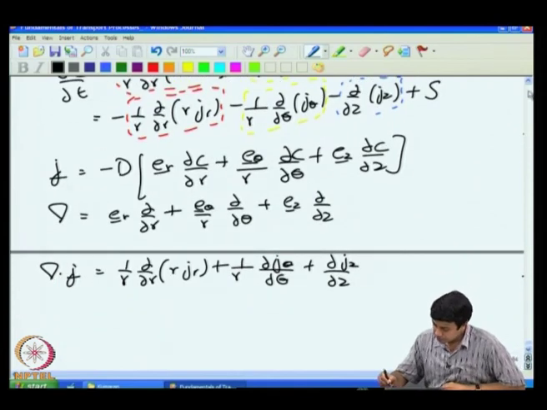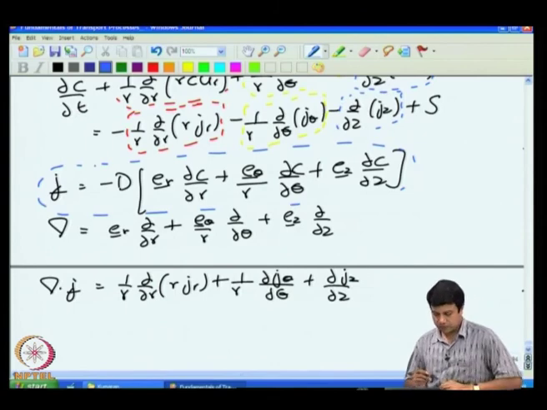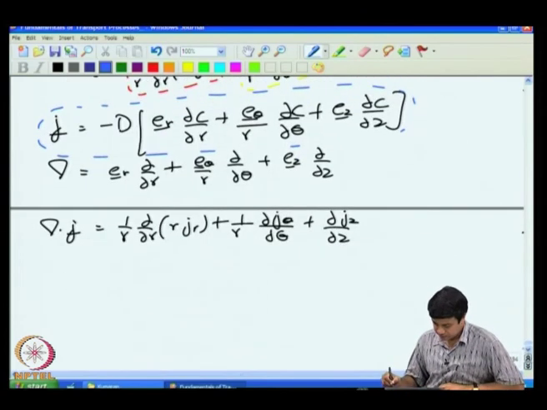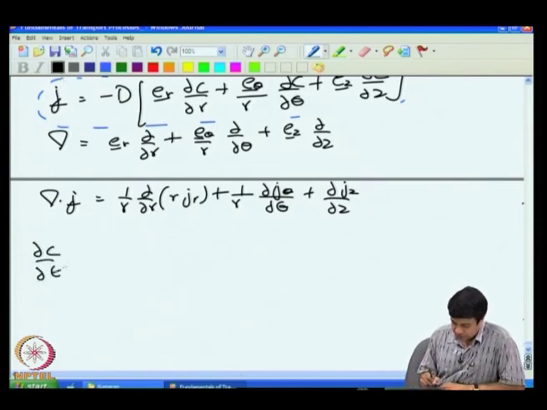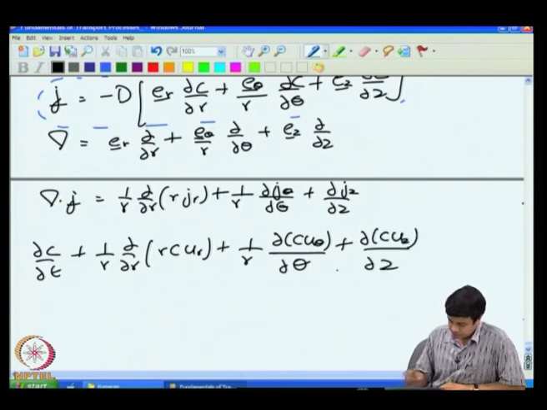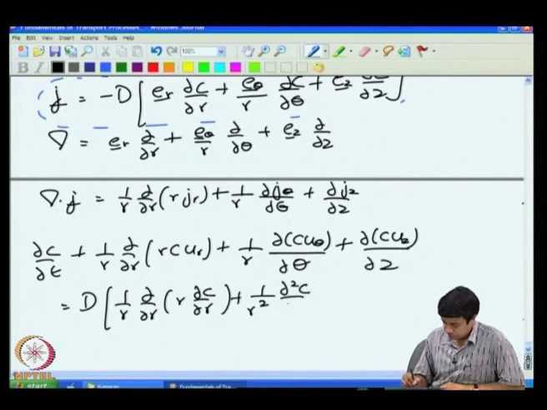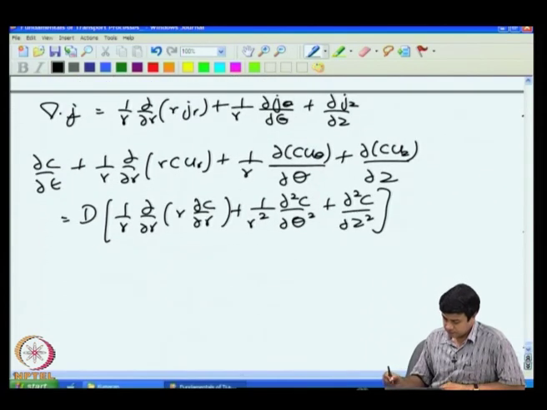Okay. If I substitute the expression for the flux into the conservation equation, then I get an equation of the form partial c by partial t plus... So, that is the equation that I will get for the conservation equation.